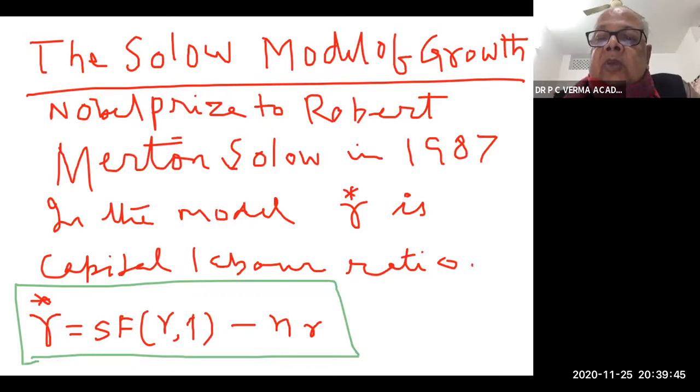We will know all these points by breaking it up. R star is equal to S, meaning saving, function of R, meaning capital labor ratio, minus N R. This is the main equation.